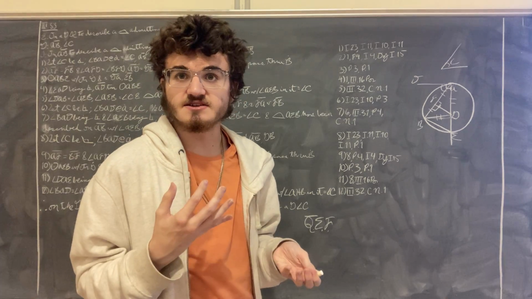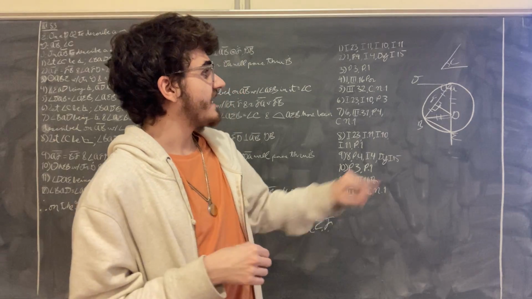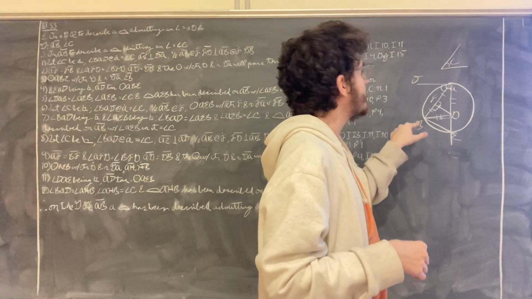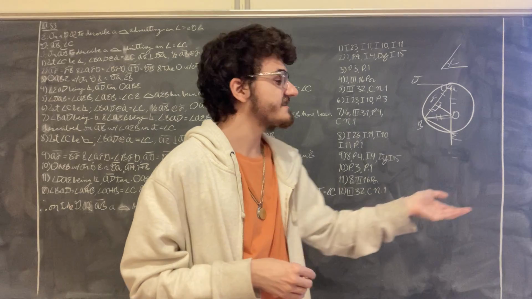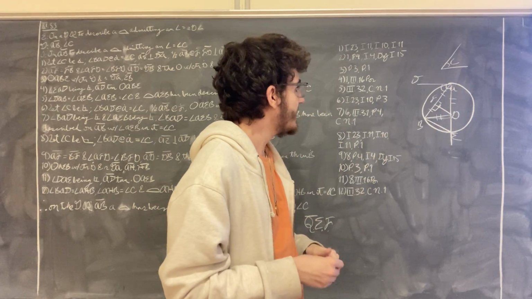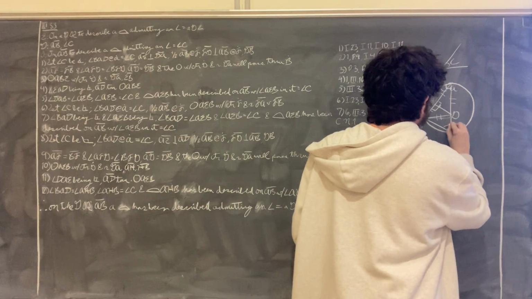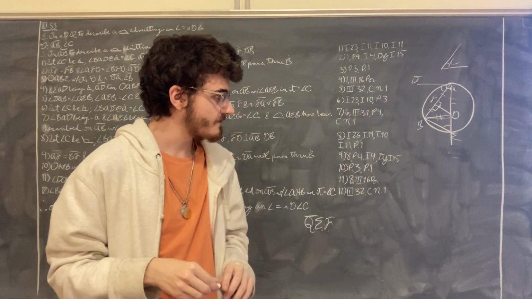Now, because it is touching the circle, we can leverage the previous proposition, 3.32, and say that the angle here, DAB, must equal its angle in the alternate segment. The alternate segment being the segment AEB, and the angle in this alternate segment being the angle AEB. And so the angle DAB is equal to the angle AEB.